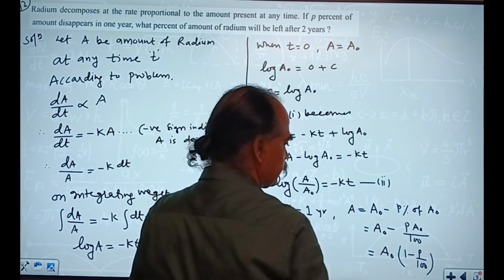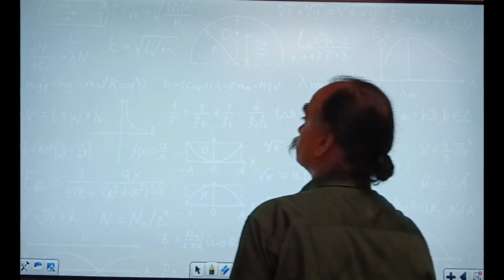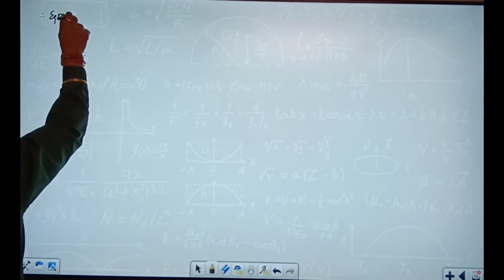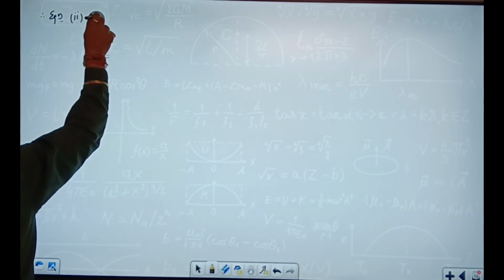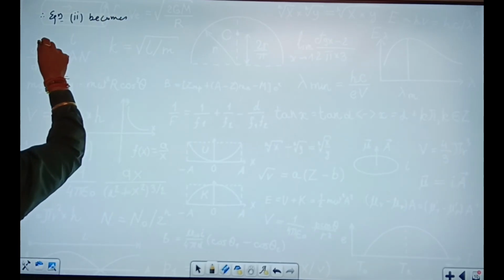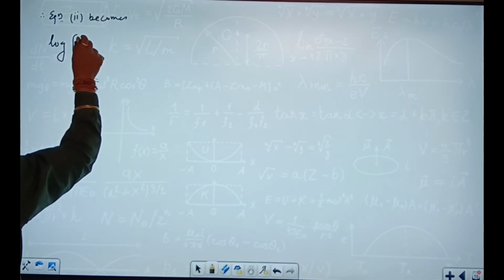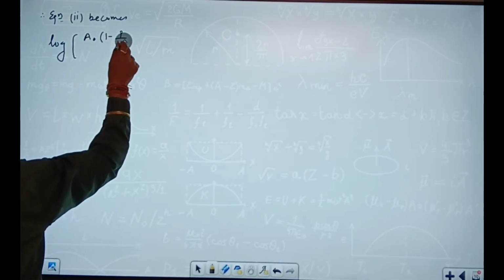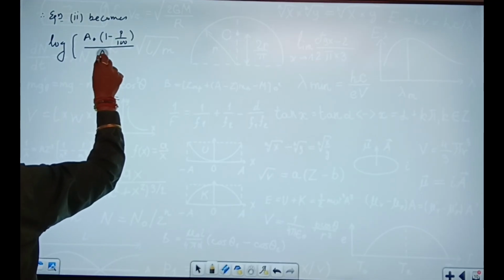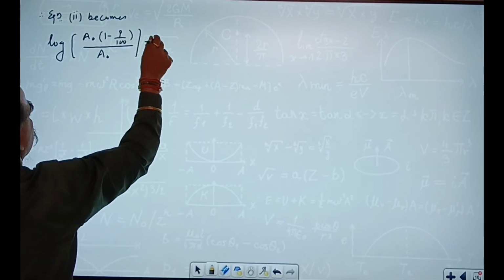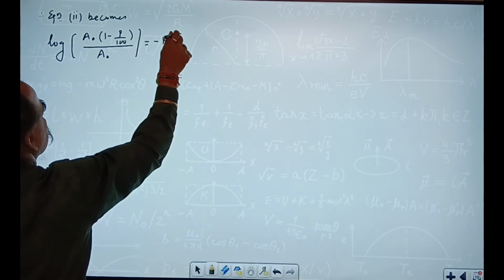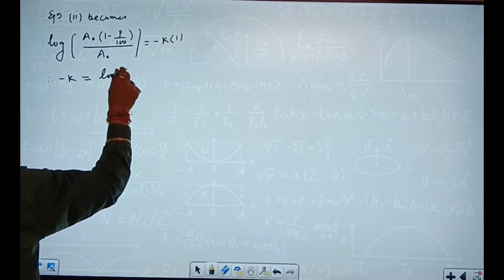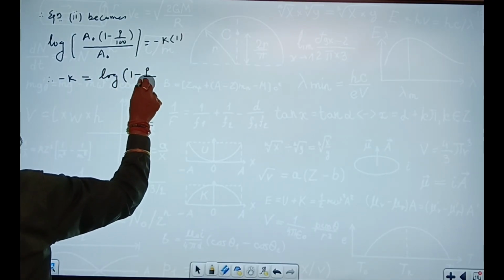Therefore, equation 2 becomes log of A0 into 1 minus P upon 100 upon A0 is equal to minus K into 1, so minus K is equal to log of 1 minus P by 100.